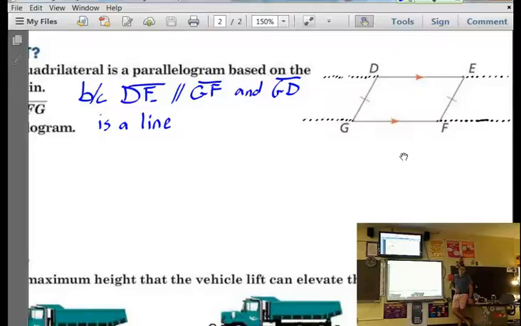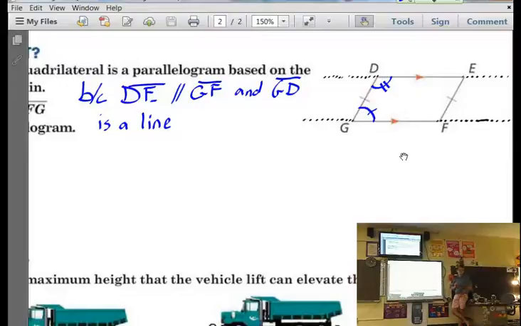I then know that G must be supplementary to D, because if GD is a straight line, same side interior angles have to be supplementary. Does anybody have questions about what I just stated?